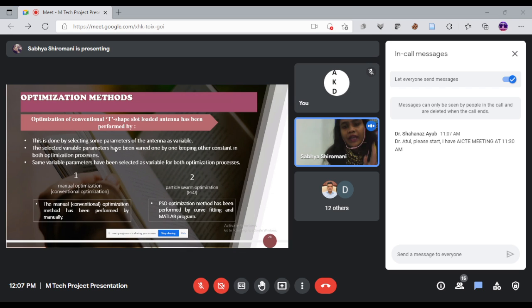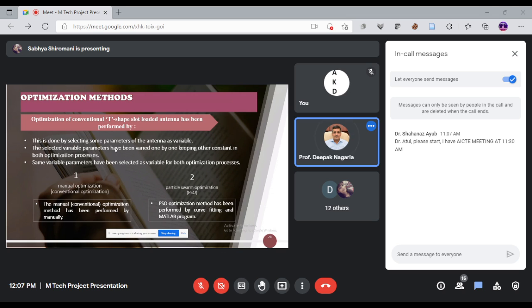So we will be getting a certain number of designs, and we will be performing the results manually over there. And how will we formulate the objective function for the PSO? I have described that in the further slides as well.